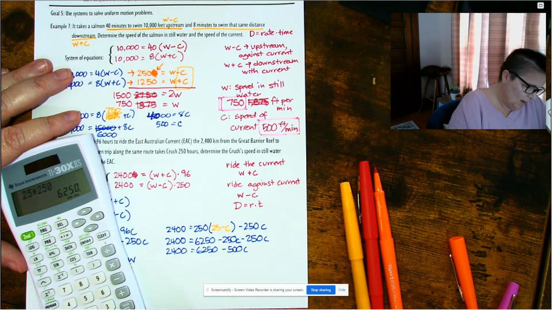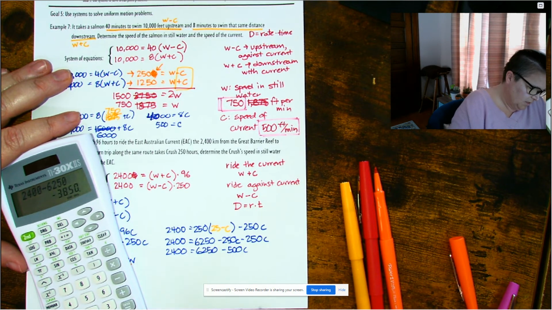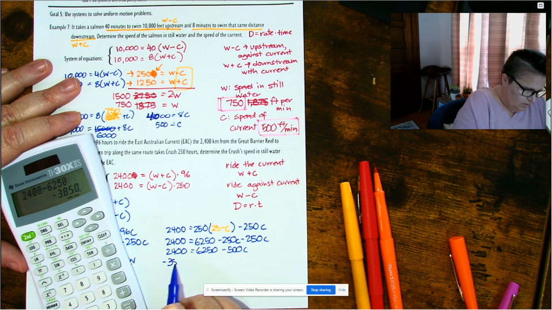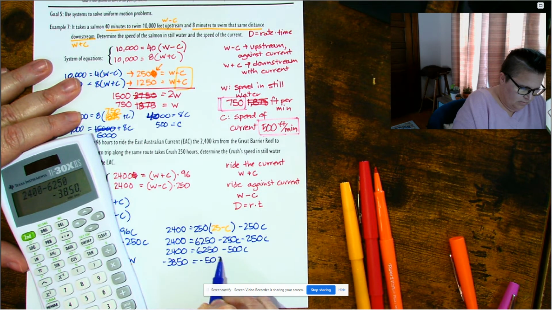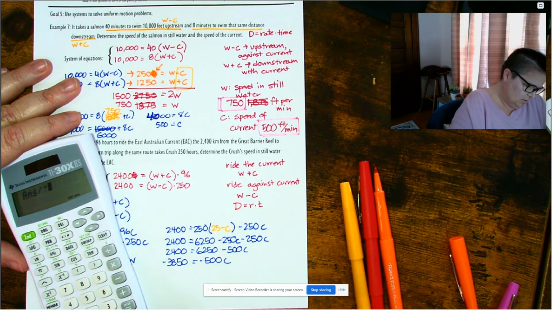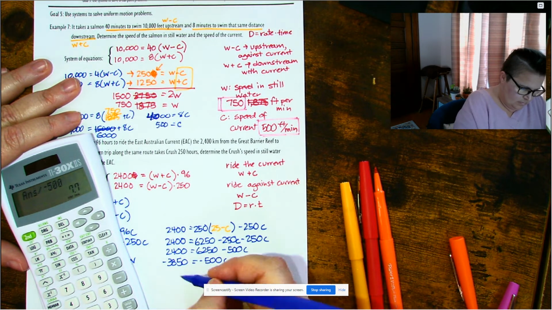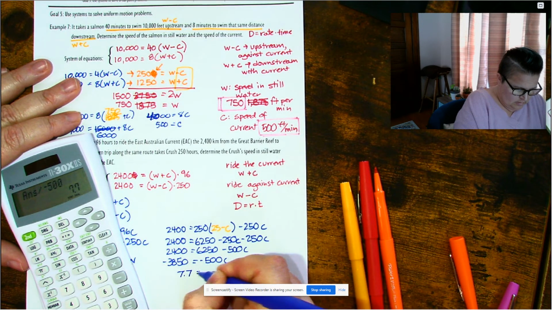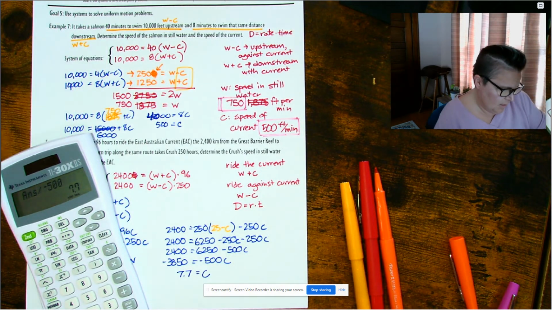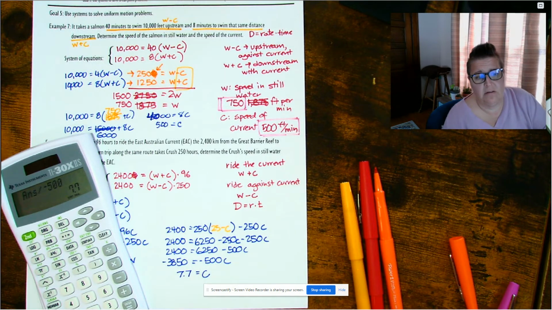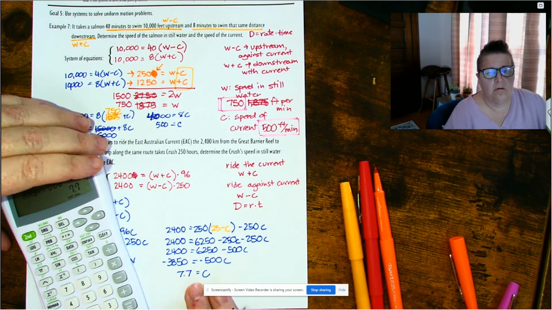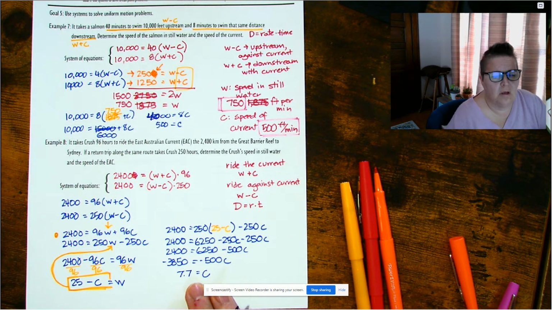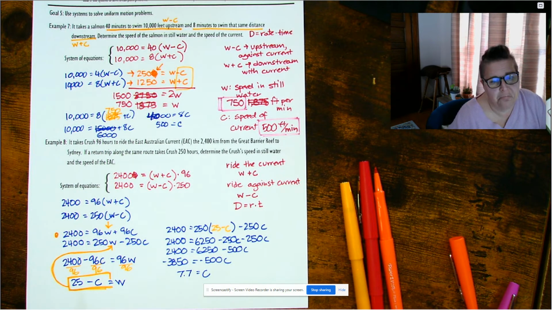Now I'm going to subtract 6250. 2400 minus 6250 is a negative 3850 is equal to a minus 500C. I got a C of 7.7, so my current is 7.7 kilometers per hour.